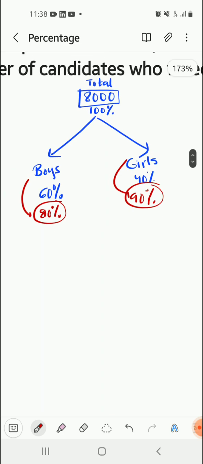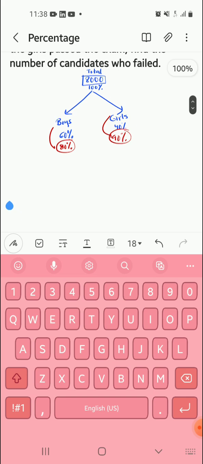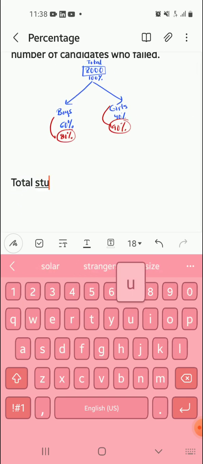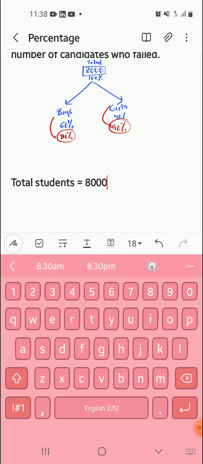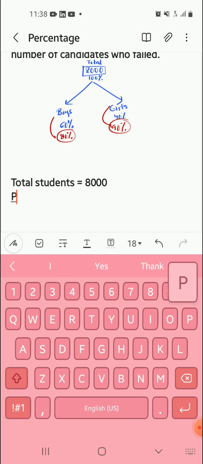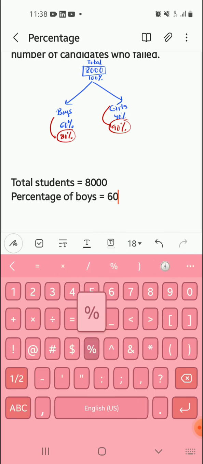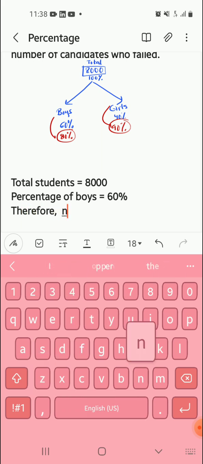So in that case, we're going to write down total students equal to 8,000. Percentage of boys is equal to 60%. Therefore, first we are going to find out the number of boys.